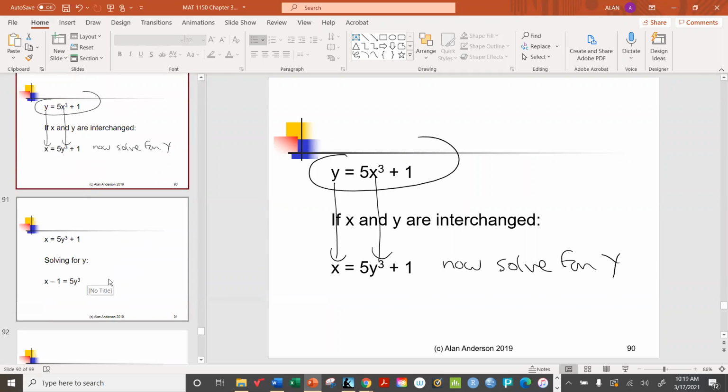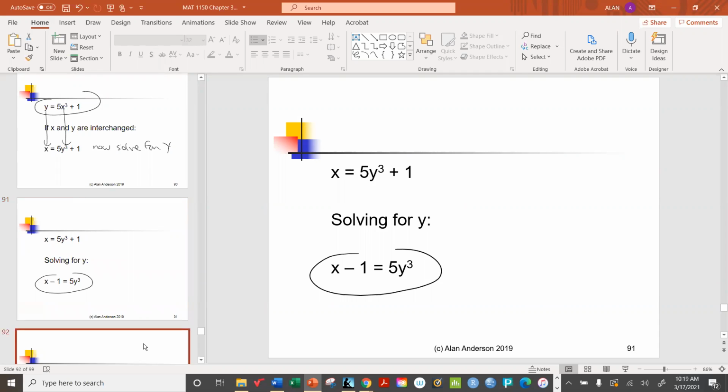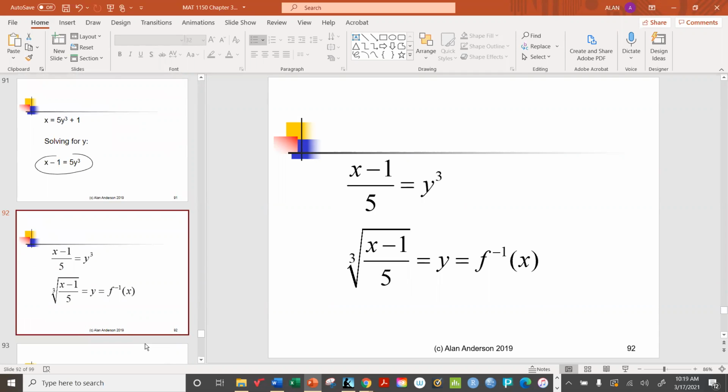Actually, this is done in the next slide, so let's jump ahead to that. So now that we started with this point, we subtract 1 from both sides. And now what we'll probably do is divide both sides by 5. And now we just take the cube root.